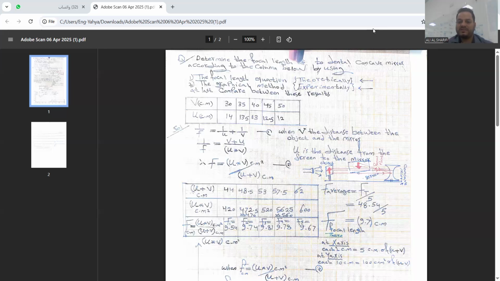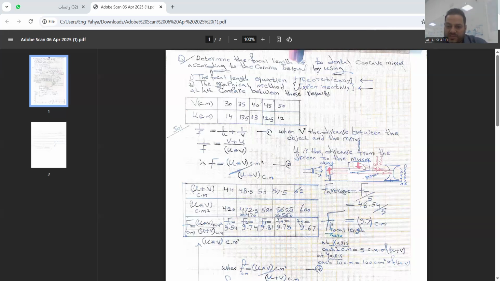We don't have any escape rays. We don't have any opportunity to see the rays from the back of any mirror. By that, the screen, the picture, will be in front of the mirror. Here, it's different from the previous experiment when we were working on the convex lens, because the screen was put after the lens. Here we are dealing with reflected rays, so the situation is different.